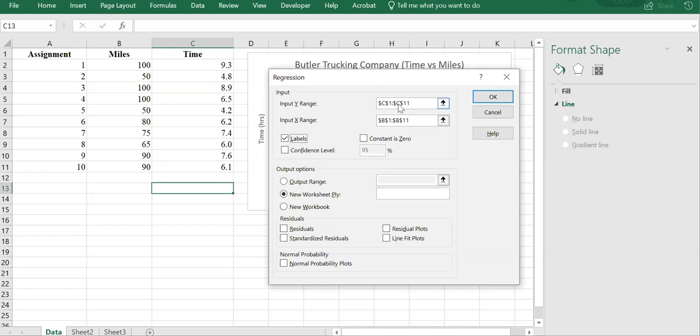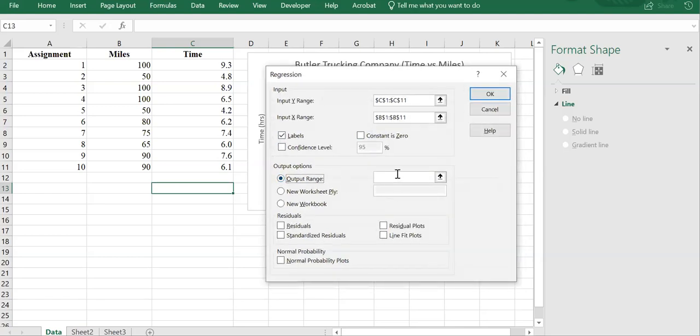But since I started from text cells, I need to make sure that those are identified as labels. Otherwise, you're going to get an error message. Nothing else, I'm not going to be touching any of these. I'm just going to put it in the same sheet again. For now, I just need to get the equation.